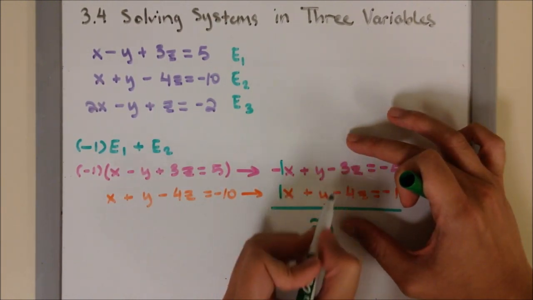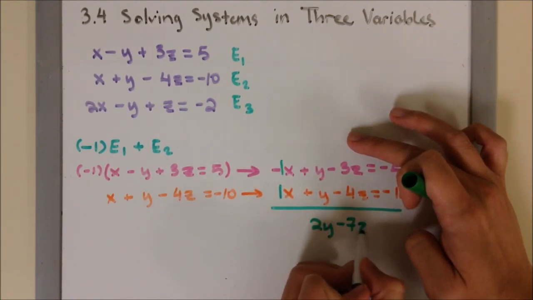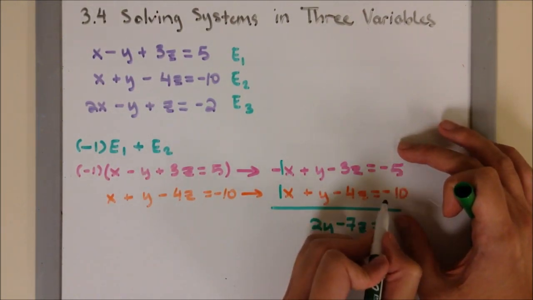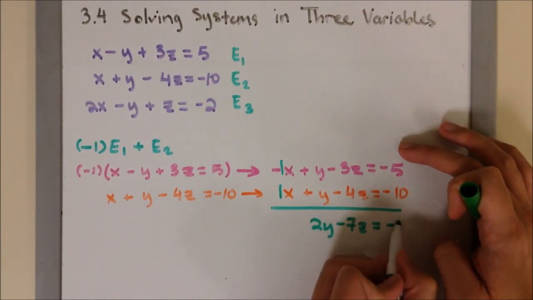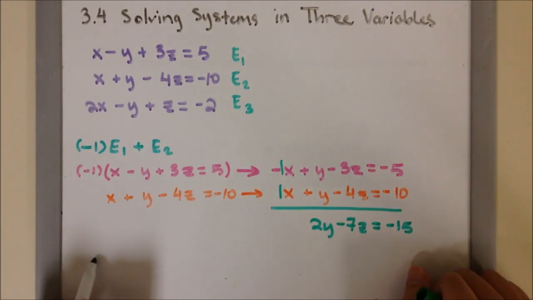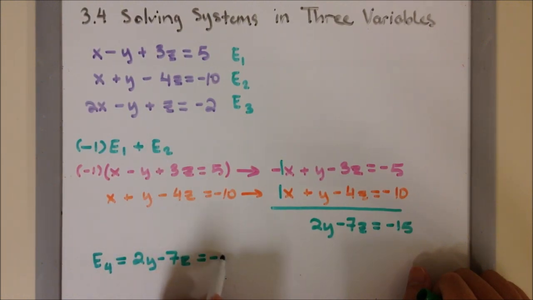Negative 3z minus 4z would be negative 7z. Equal to negative 5 minus 10, which is negative 15. So my equation 4 will be 2y minus 7z equals negative 15.